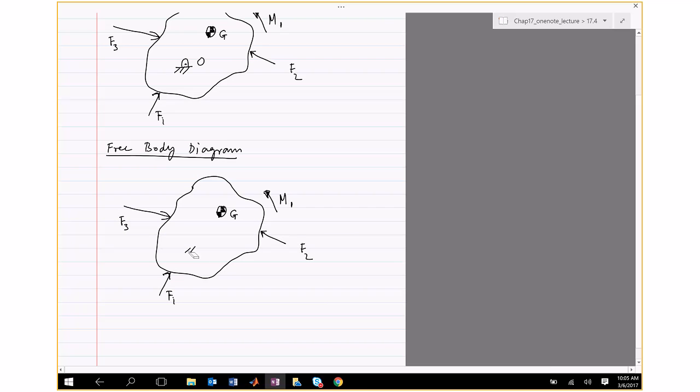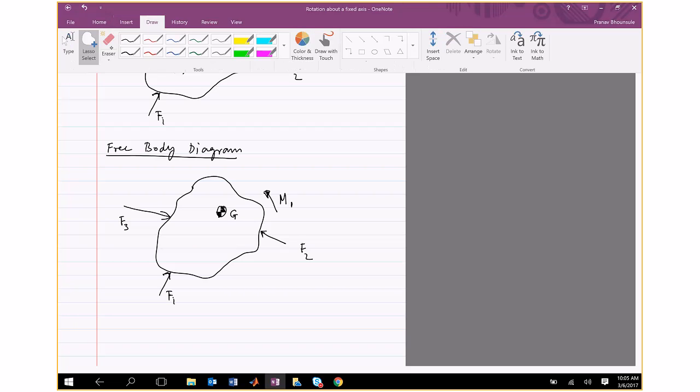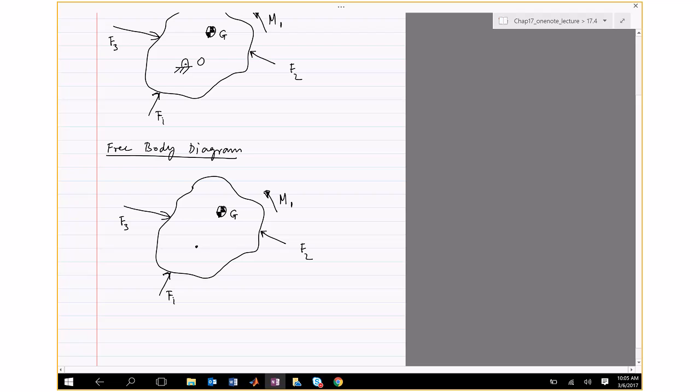The free body diagram will not have the contact point, but that contact point will be replaced by forces. So this point here would have forces. Let's say the forces are OT and ON, and the reason I wrote it as OT and ON is because I'm going to use normal and tangential coordinates to describe the motion.